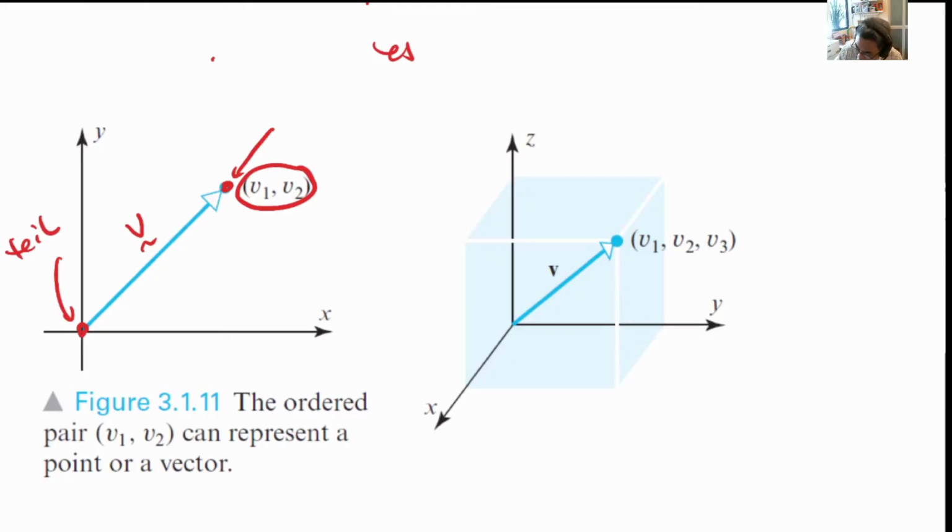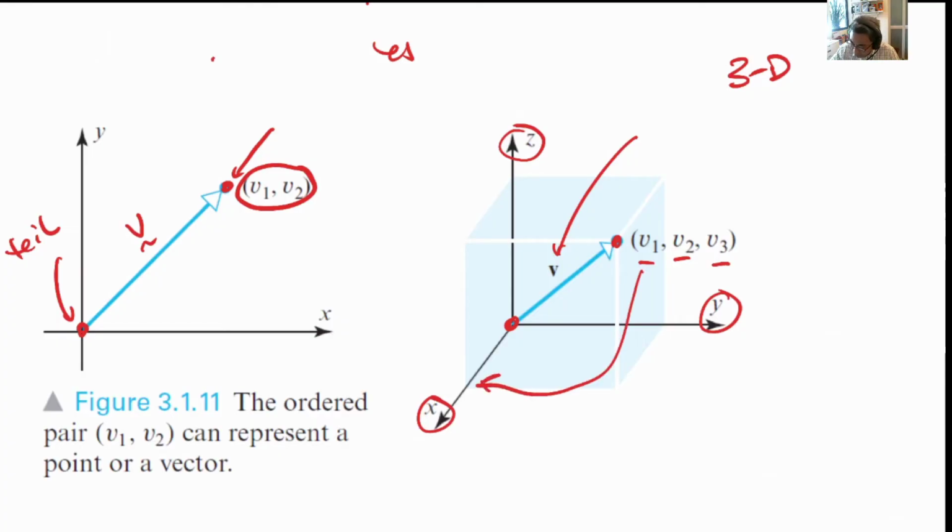To continue with the example of a three-dimensional vector, we have the x-axis, y-axis, and z-axis. The vector v has its tail at the origin, and its head at (v1, v2, v3), where v1 represents the coordinate on the x-axis, v2 the coordinate on the y-axis, and v3 on the z-axis.